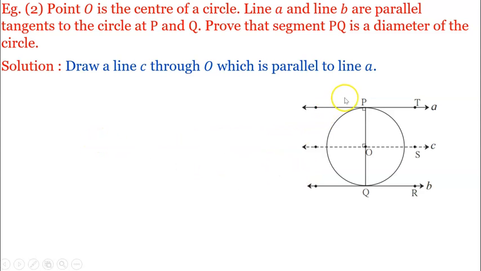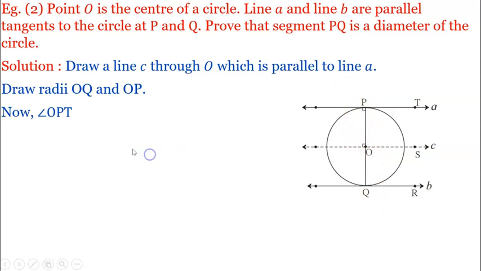Now we'll prove that these 3 points are collinear, then we'll prove that PQ is a diameter. For that, draw a line C through O which is parallel to A. Draw the radii OQ and OP.